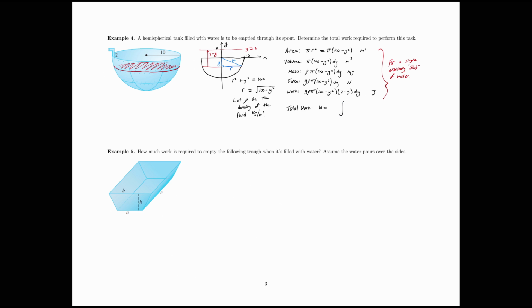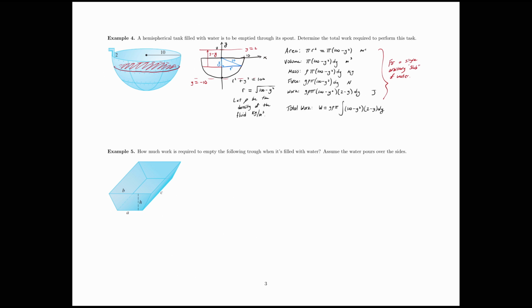So this would be g rho pi integral of 100 minus y squared times 2 minus y dy, and we would integrate over some bounds. What bounds would they be? Well, we know at the very bottom of the tank, this would technically be a y value of y equals negative 10, since the radius is 10, and we're below the x-axis.